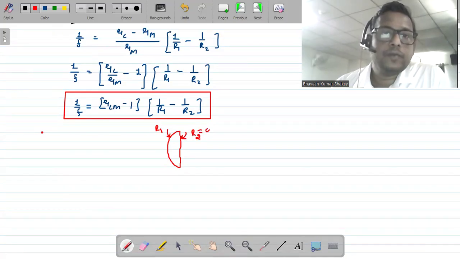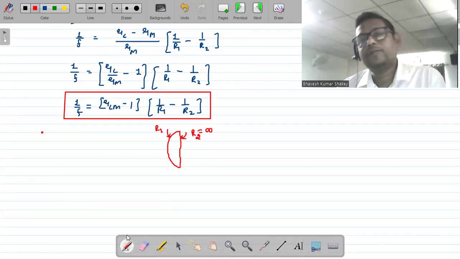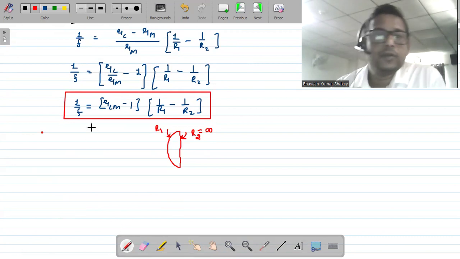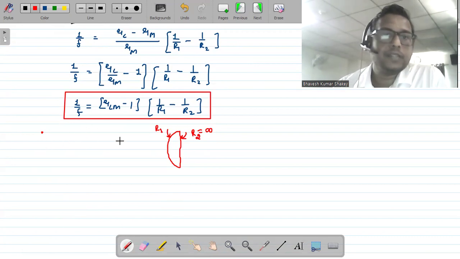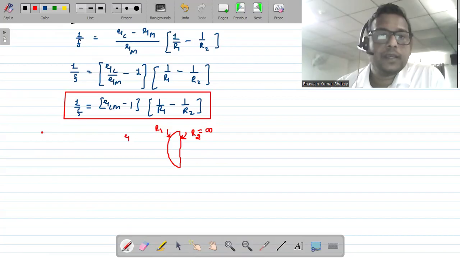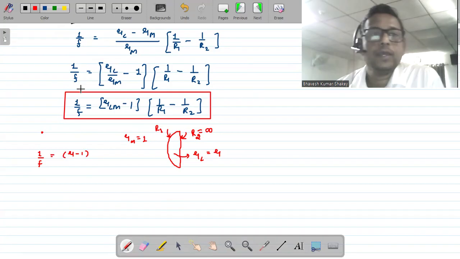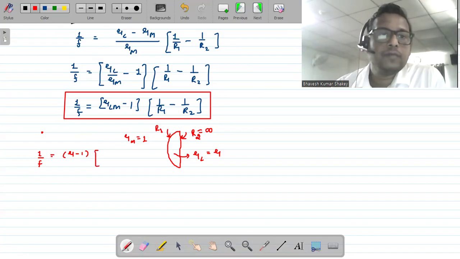So this r2 will be equal to infinity, as the radius of curvature for the plane surface is infinity. Taking the outside medium as air, mu M is 1, and the refractive index of the lens is mu. If I put all these values, I will get 1 upon f is equal to mu minus 1, times the bracket.